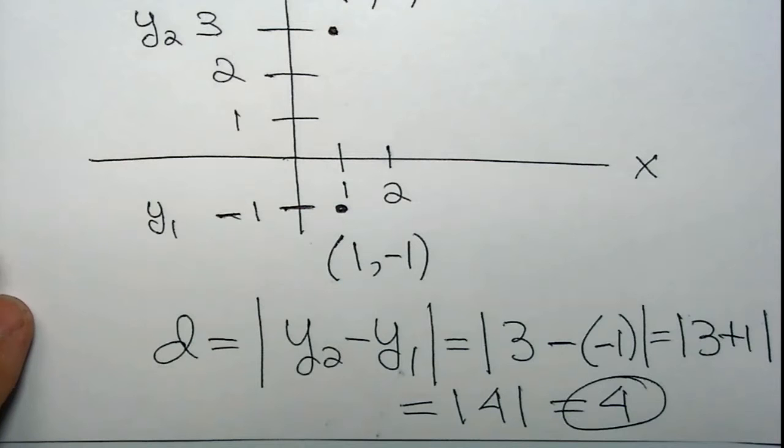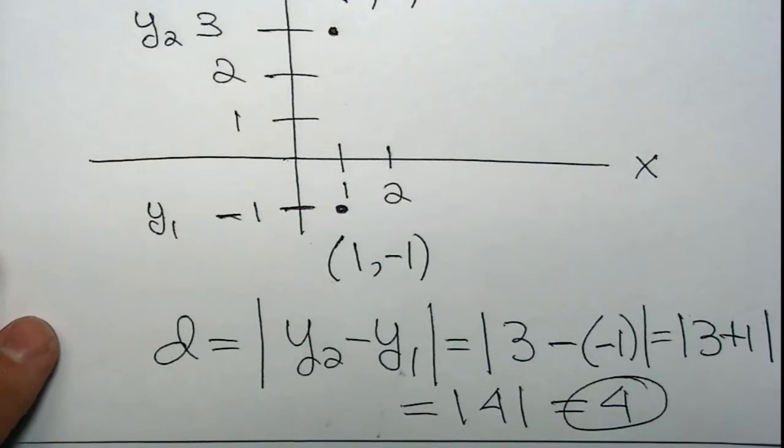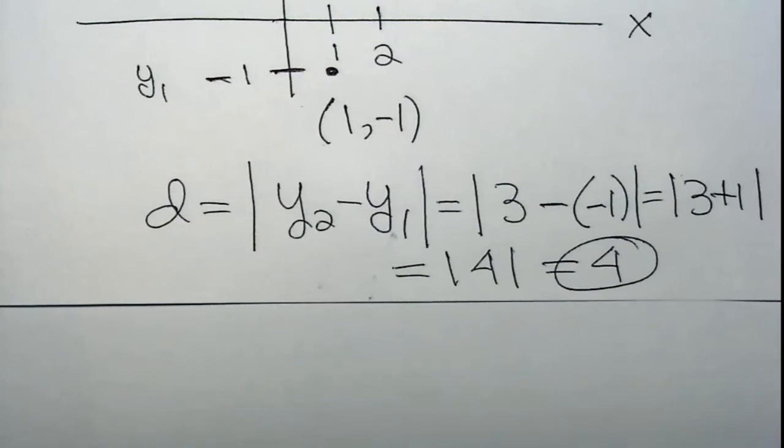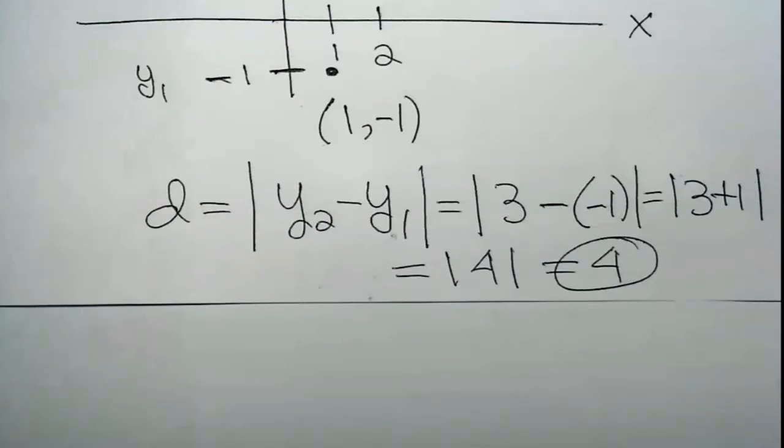So the distance between those 2 points is 4. Now, those are pretty straightforward. Those are pretty easy, really. Difference of the x's, difference of the y's. No real sophisticated formula there other than the absolute value just to assist us in getting a positive reading. What about when the 2 points are not aligned vertically or horizontally? And that's really where the distance formula comes into play.